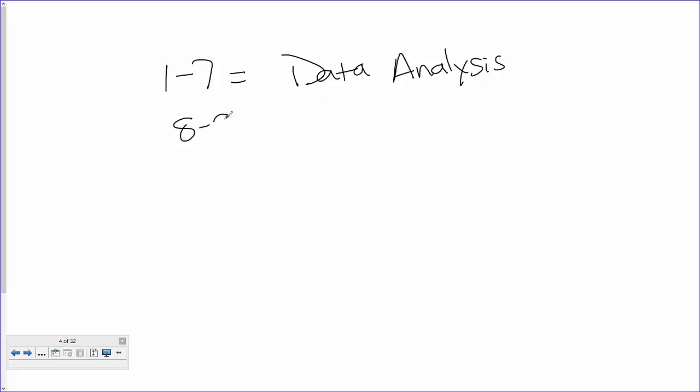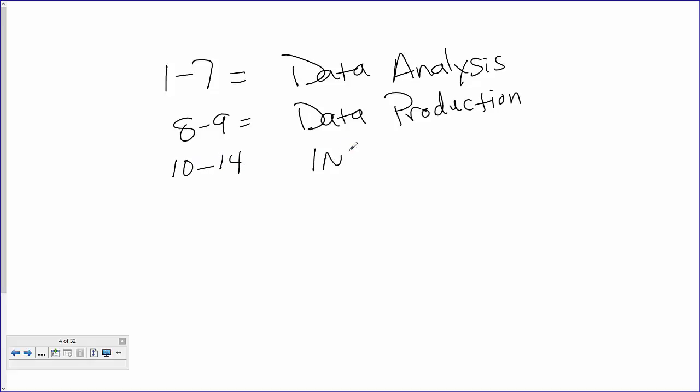In chapters 8 and 9, we are going to work with data production. So we are going to actually talk about how can you collect data and make it useful. And then in the final chapters, really like 10 through 14, we are going to work with the idea of making an inference, especially one that is based on the stats that we have.